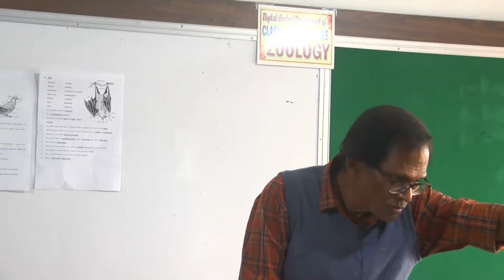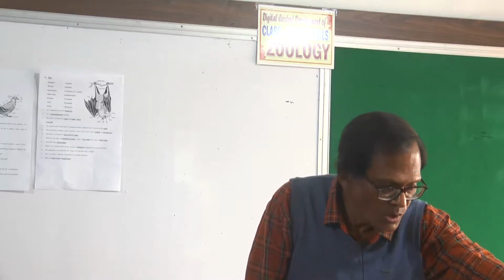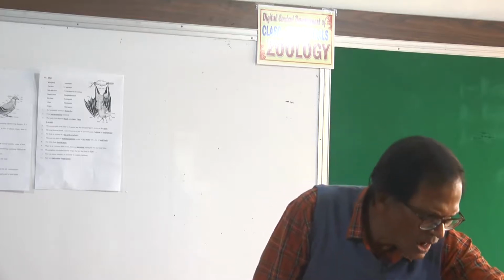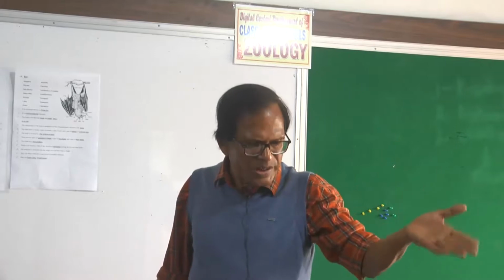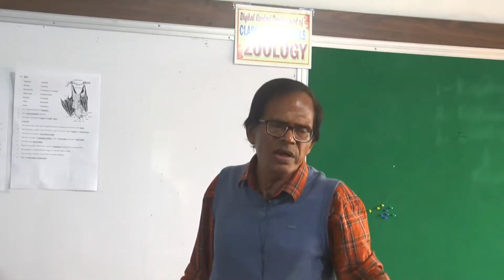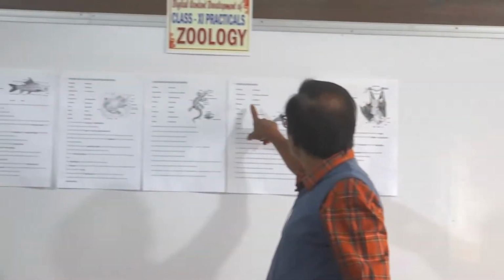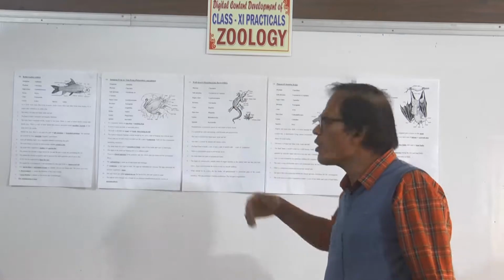Next we come to Rat. Bat. Rat, you have it. Yes, that one, last one. You have it in the syllabus? Yes. Rat. Okay, I'll tell you. I'll just give an outline, classification and characters. I mention a few characters.